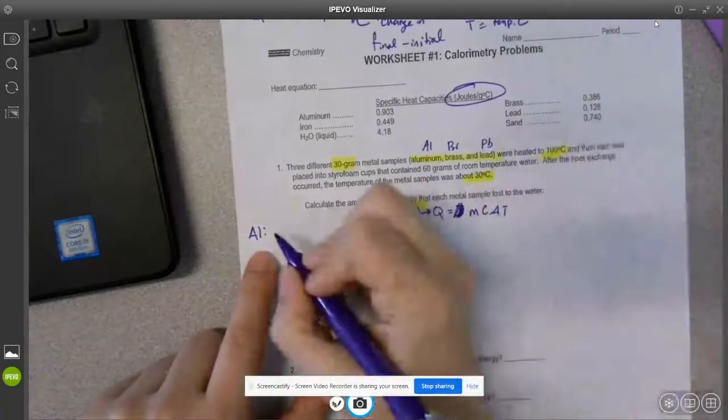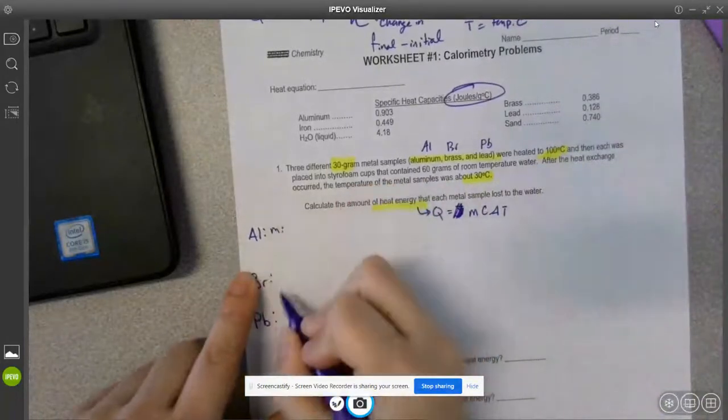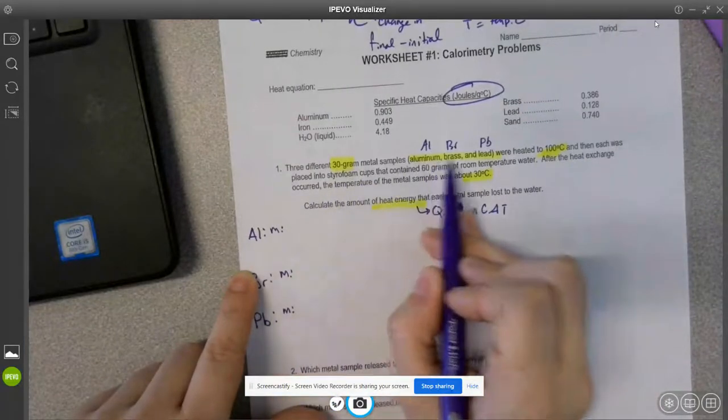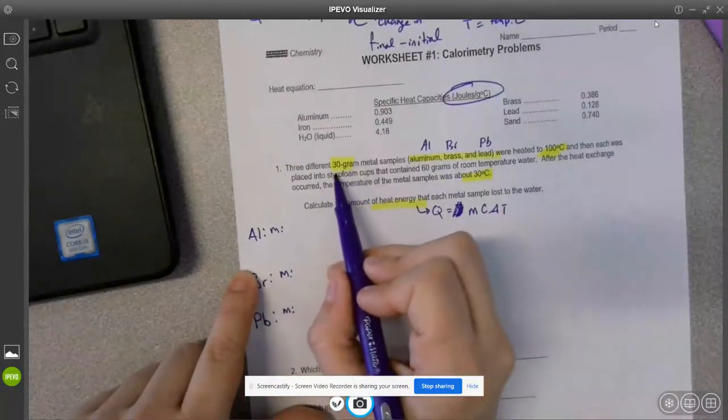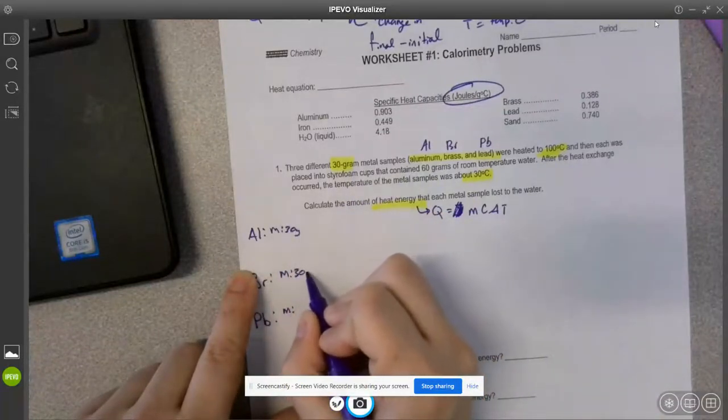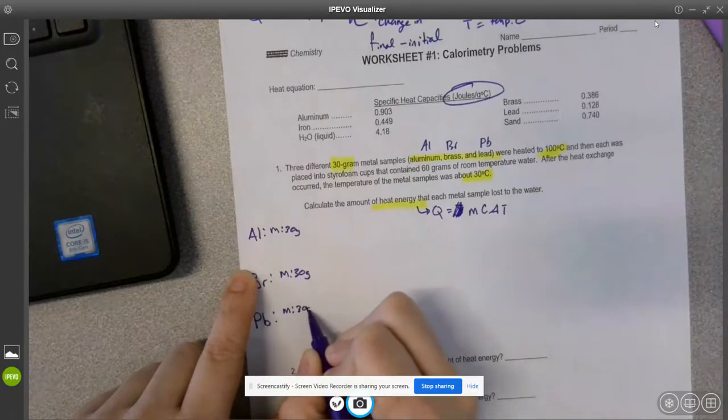First up is going to be our mass. According to our problem, the mass for each of our three metals here was 30 grams. So I'm going to put 30 grams out here.